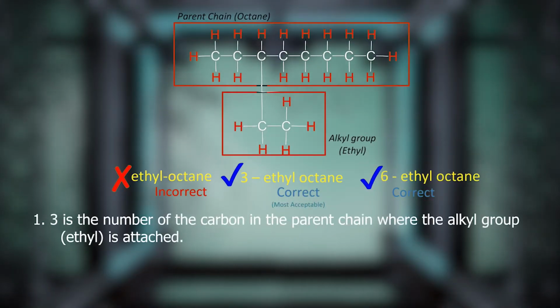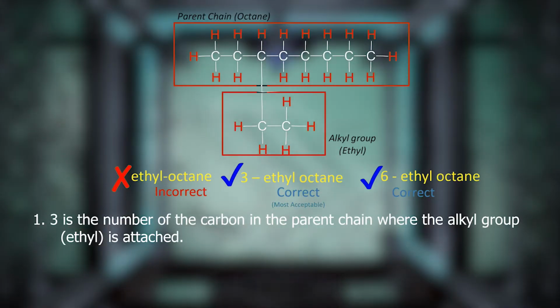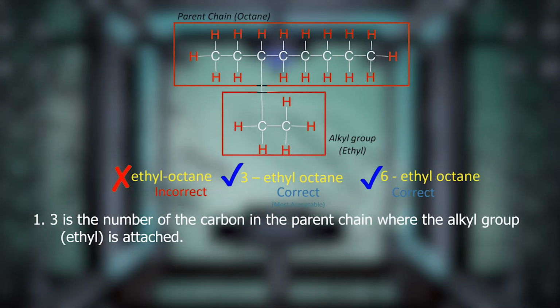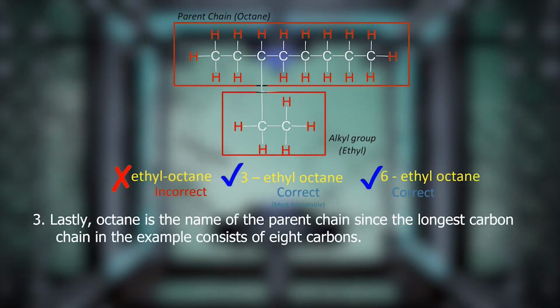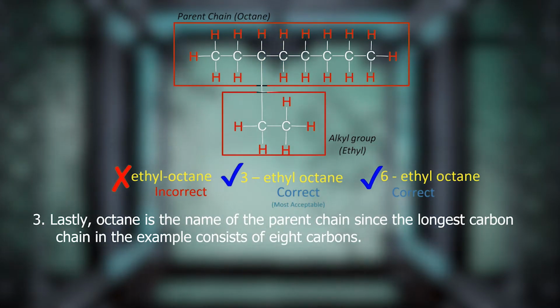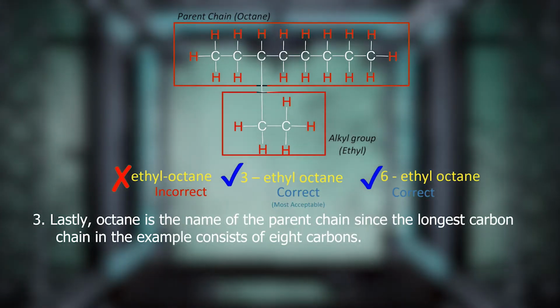From the given example, 3 is the number of the carbon in the parent chain where the alkyl group ethyl is attached. Ethyl is the name of the alkyl group for this example. And lastly, octane is the name of the parent chain since the longest carbon chain in the example consists of 8 carbons. That is why it is named 3-ethyl-octane.